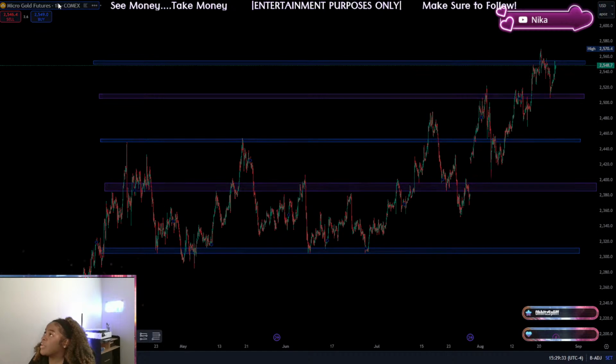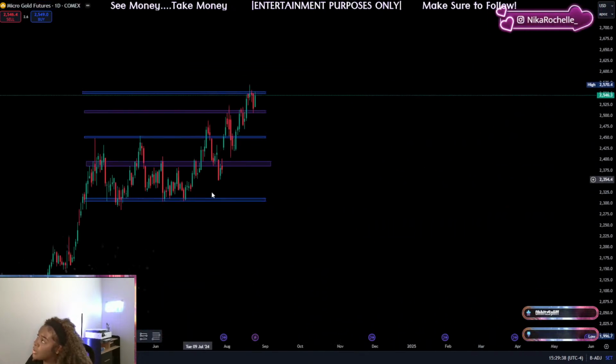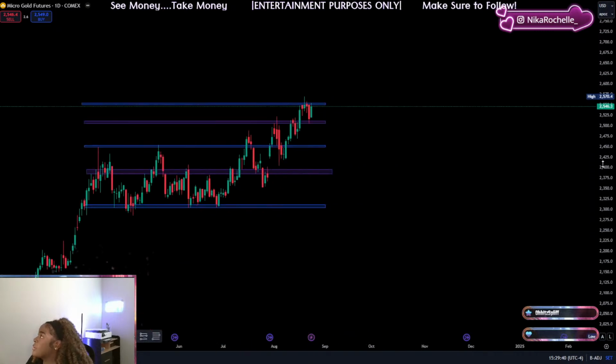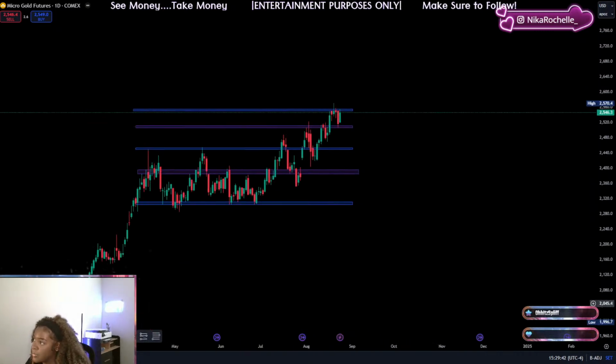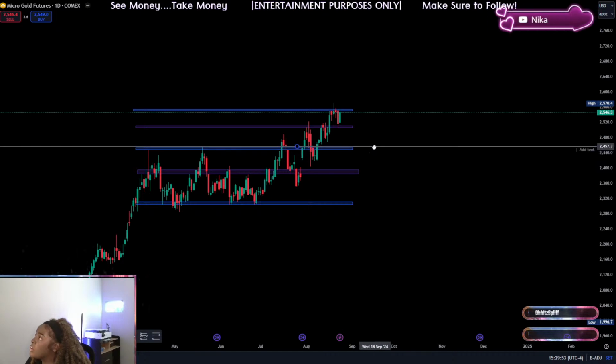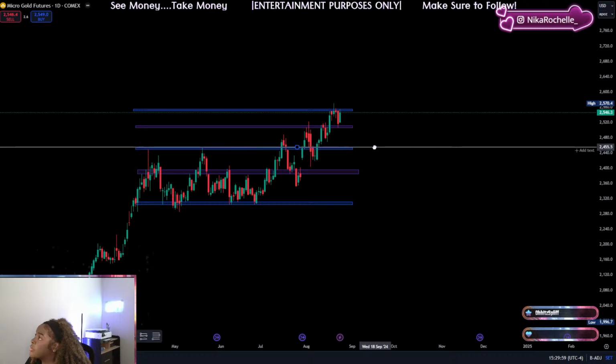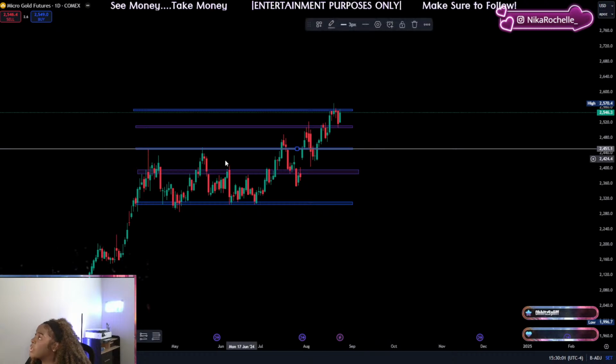All right, then I draw my breaker structure and my market shift. I draw that in the day time frame. This is my market shift right here. So every time it touches this line, it goes the opposite direction.